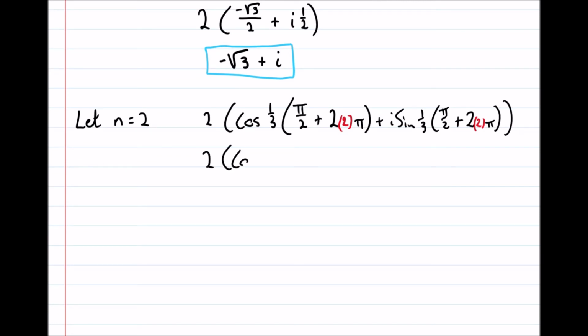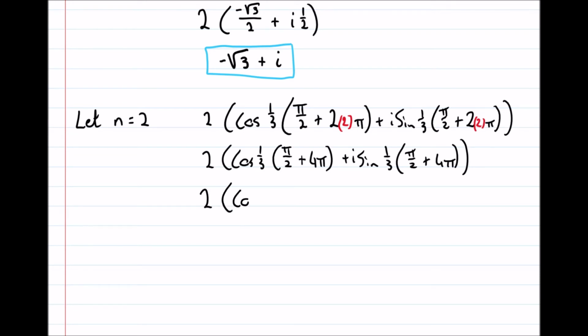So 2 cos 1/3 pi over 2 plus 2 2s are 4 pi, plus I sine 1/3 pi over 2 plus 2 2s are 4 pi again.